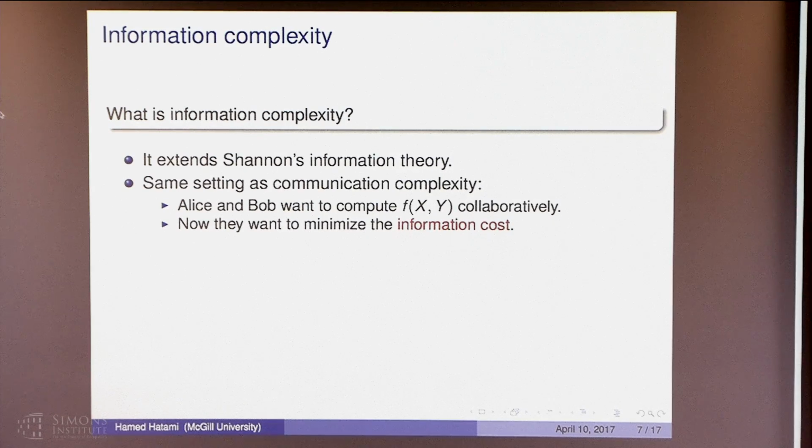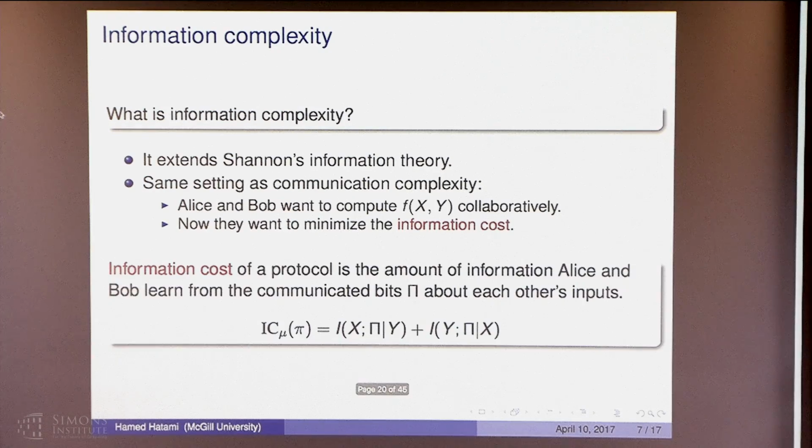As they communicate, they learn more about each other's input, right? Initially, Alice has x, Bob has y. They might be independent, so in that case, they don't know anything about each other's input. But as they communicate, slowly they start learning things about each other's input. And we want to minimize that. We can measure that using entropy, which is how we measure information.